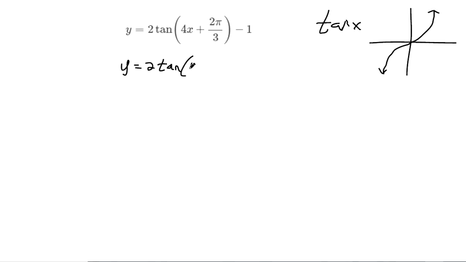So we need to rewrite it like this. And now what is this going to look like when we factor out a 4? This is 2 pi over 3 times 4. Okay, because now if you were to factor the 2 back in, the 4's would cancel and leave you with 2 pi over 3 like it's supposed to.